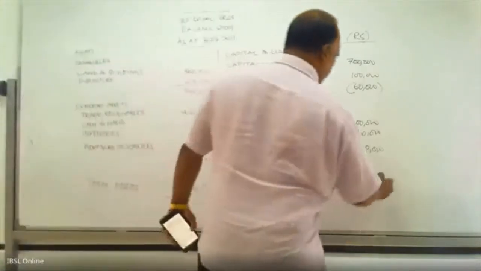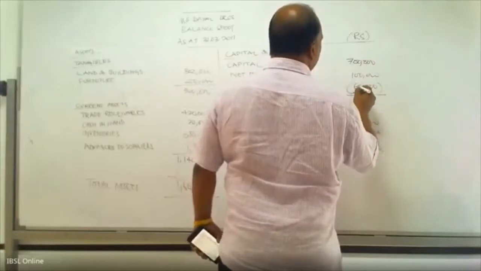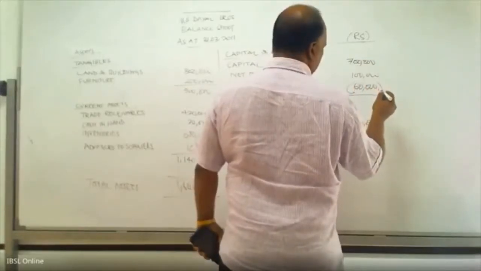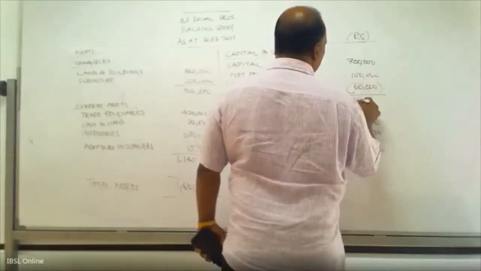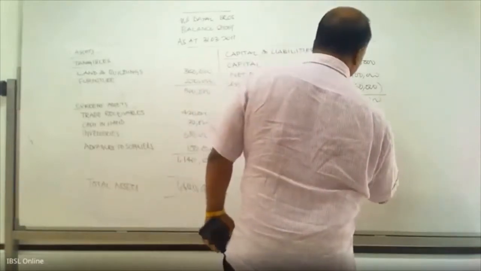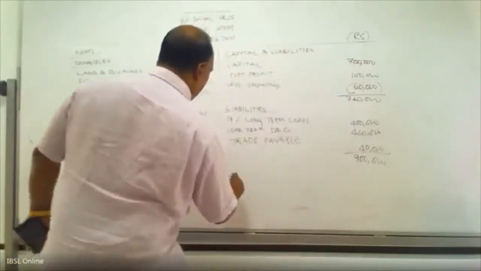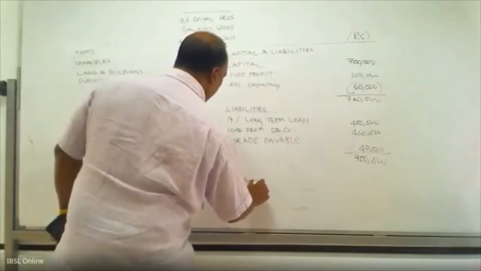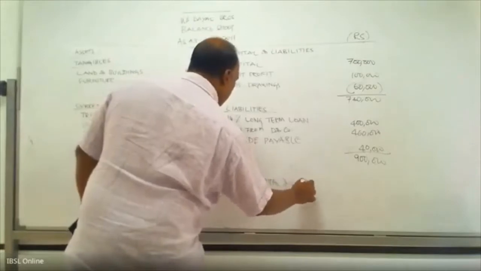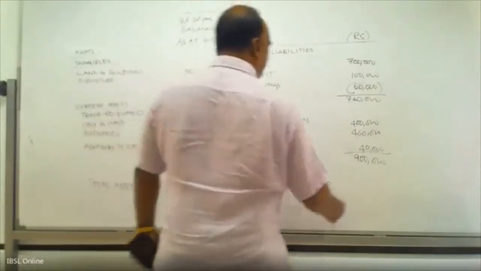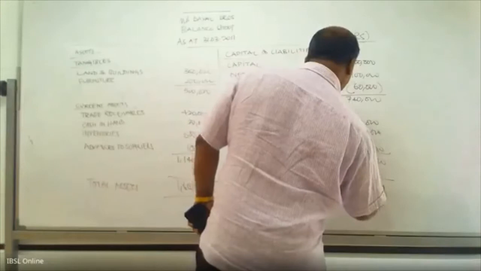On the liability side, the total capital and liabilities will be the same, 1,640,000.